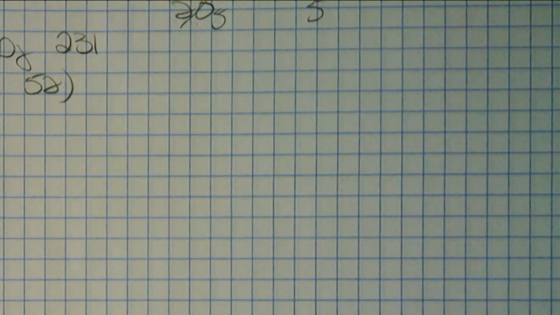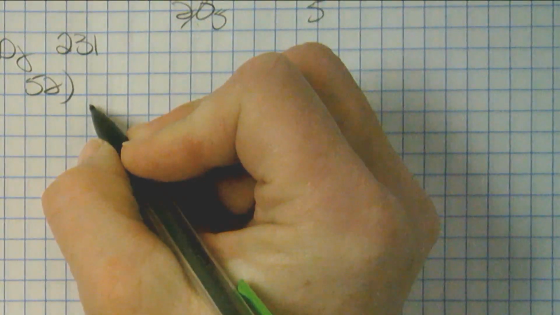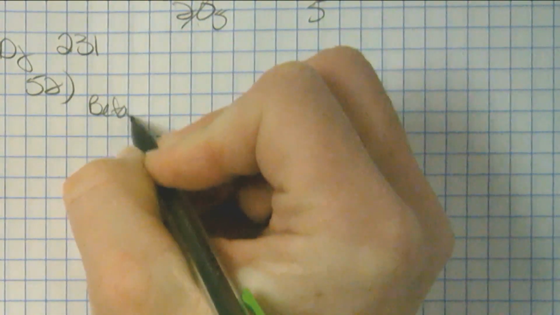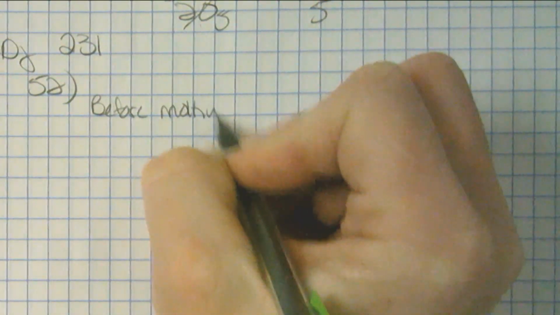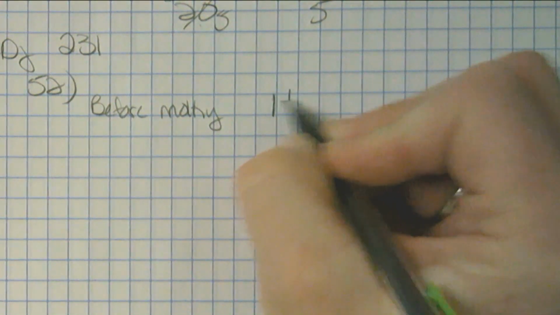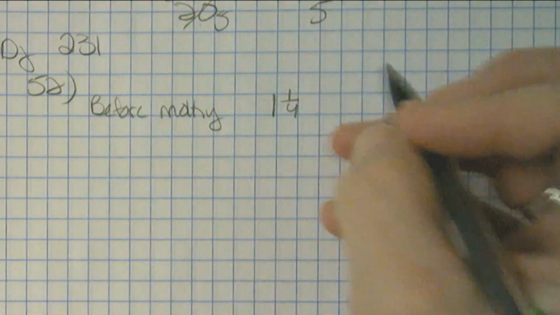All right, so number 52 says a lobster periodically sheds its shell and grows a new shell. During this process, which is called molting, the weight of the lobster increases as shown in this table. All right, so they tell us that before molting, it's 1 1/4 pounds.